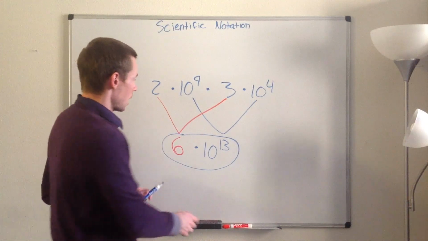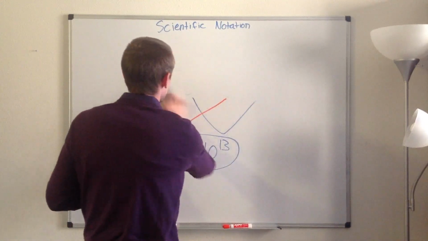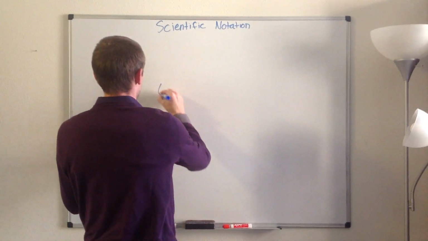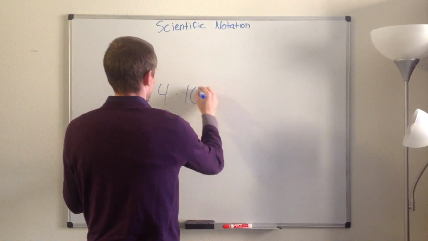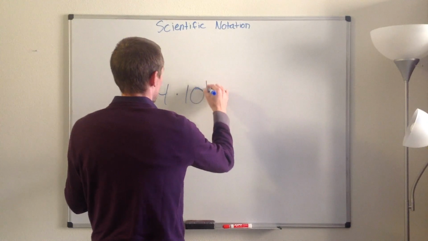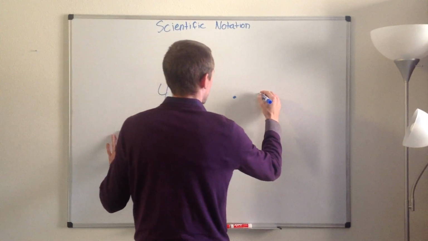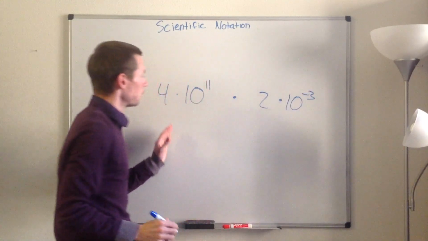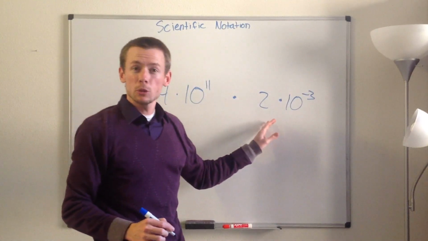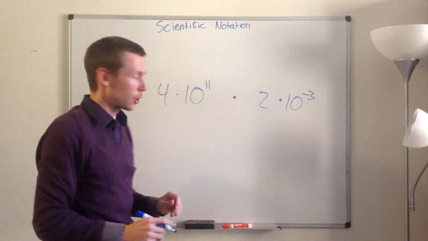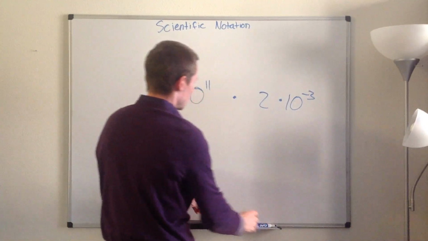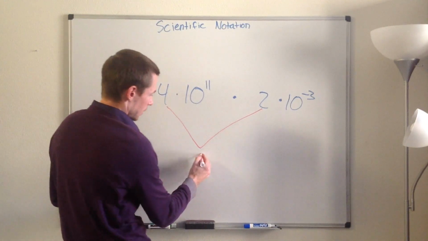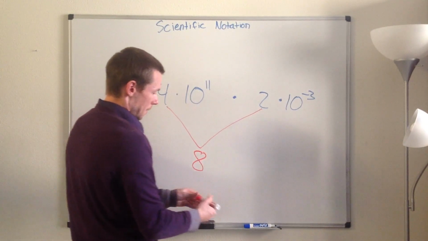Okay? So let's look at 2 more examples. Four times 10 to the 11th times 2 times 10 to the negative 3rd. Again, we want to do the digits and get 8.